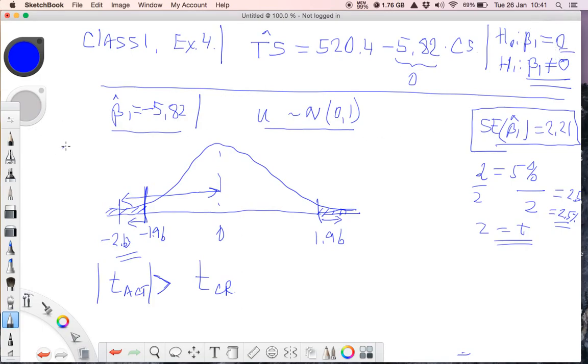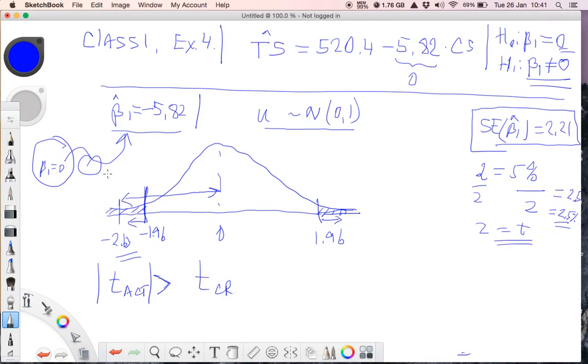So remember we have the population coefficient. So we have the population here, and we picked up some sample and estimated this thing. And we hypothesized that the actual population mean is zero. That was our hypothesis.